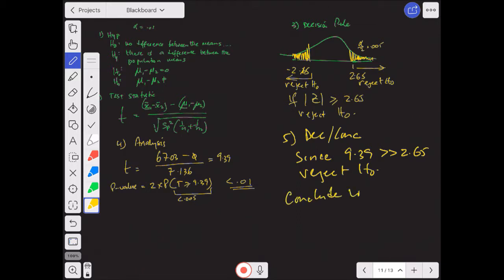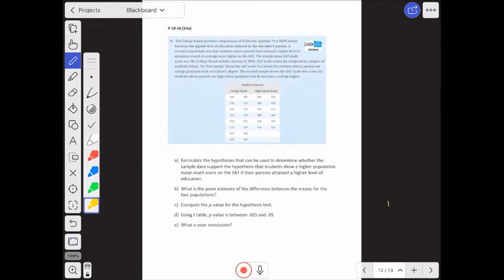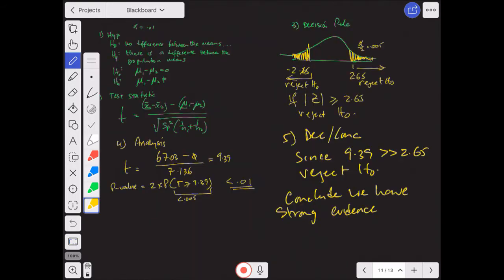We conclude we have strong evidence that the population means differ. All right? Definitely strong evidence.